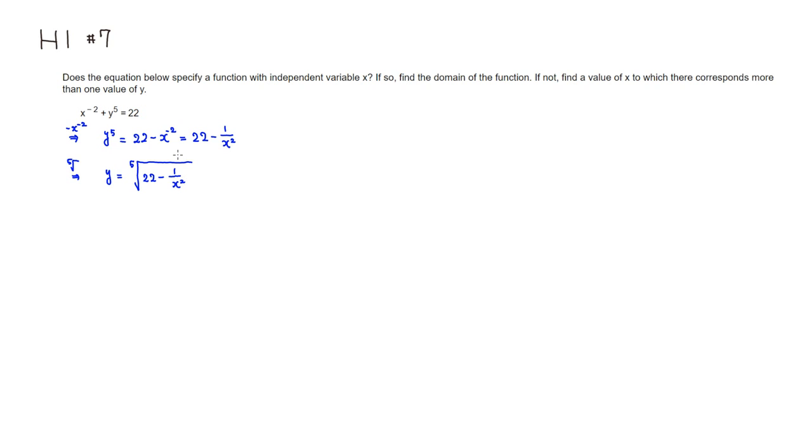You can see that since y can be written as a single formula, every time you plug in an x value, you're going to get a single value back. So this equation actually defines y as a function of x.